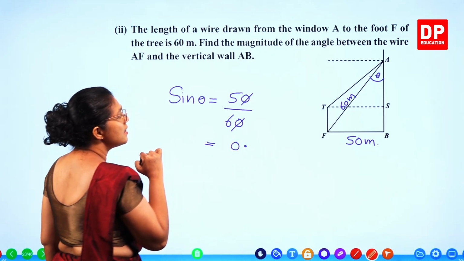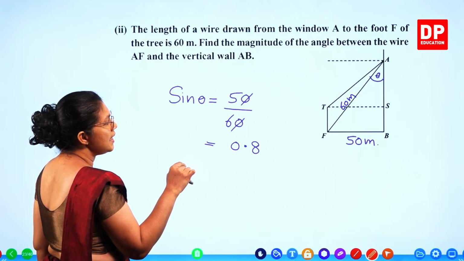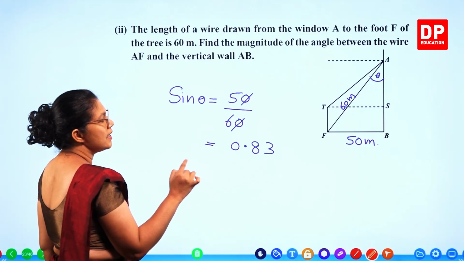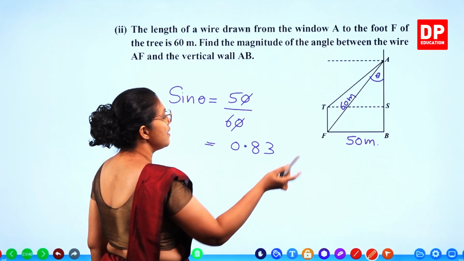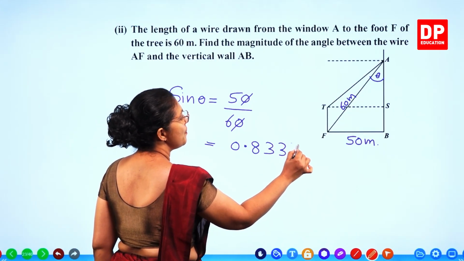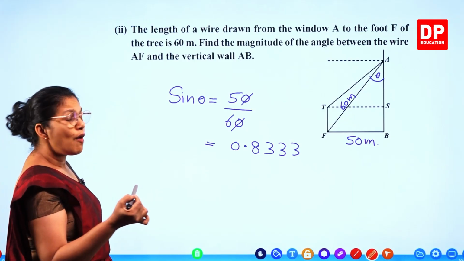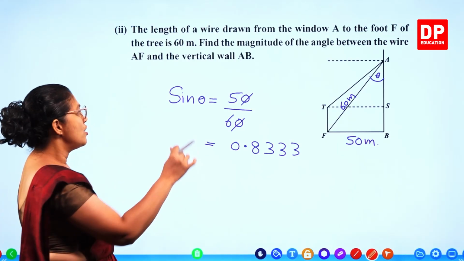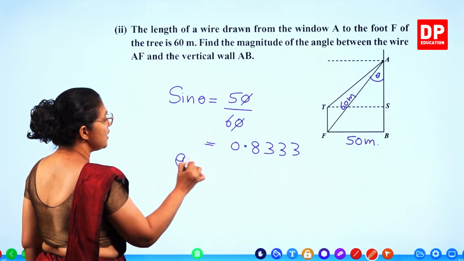6 times 8, 48. For 20, 6 times 3, 18. So 2 remaining. For 20 again, 6 times 3. So this is repeating, 0.8333. Now, how do you find out the angle? Sine ratio is known and you are asked to find out the angle.